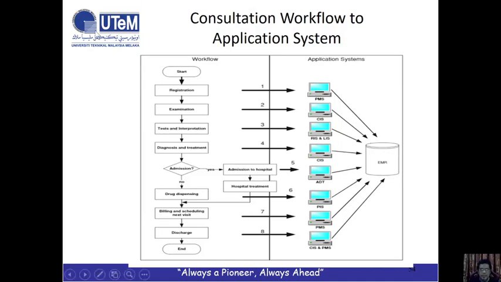So you can see that on the left side is the flow of the consultation, or the flow for inpatient or outpatient for a certain visit of the patient. On the right side, you will see the candidate application system. This is a computer system.